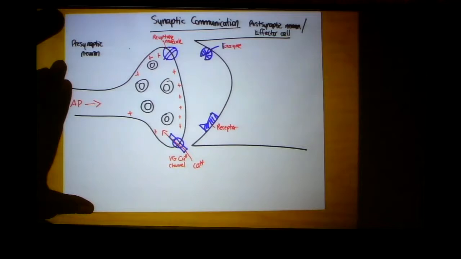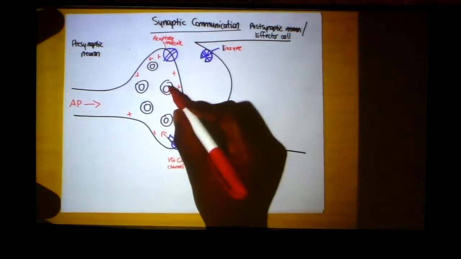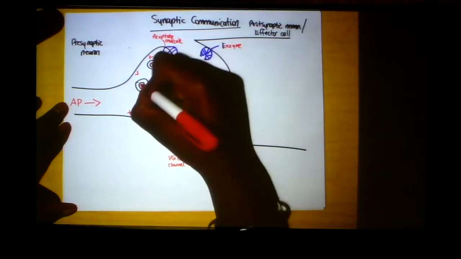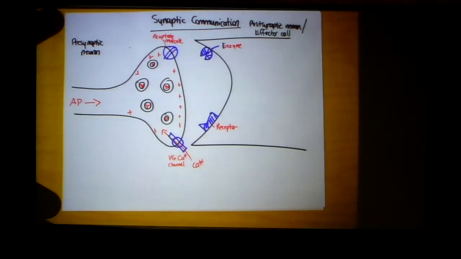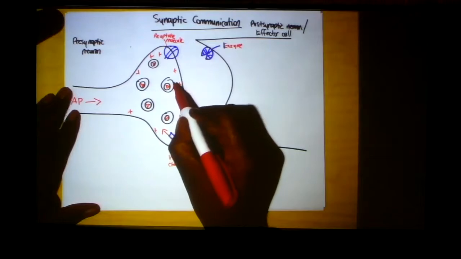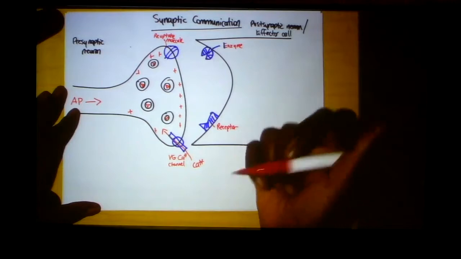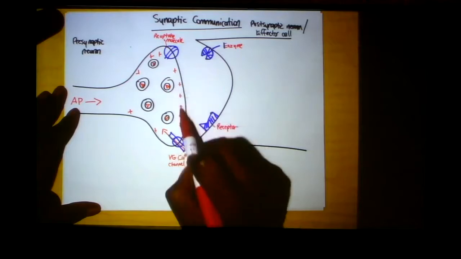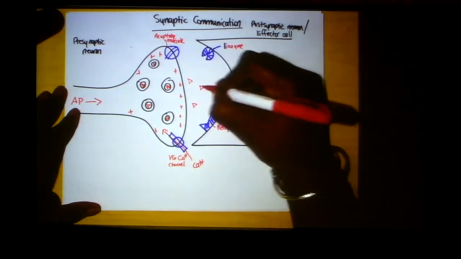Okay, calcium rushes into the membrane, and that actually triggers these vesicles, right? These vesicles with a neurotransmitter in them. When calcium rushes in, because these voltage-sensitive calcium channels have now opened up, this triggers the exocytosis of these vesicles. So we talked about this process called exocytosis, where the membrane of the vesicle fuses with the membrane of the terminal bouton, and then the neurotransmitter is dumped out into the cleft, okay?